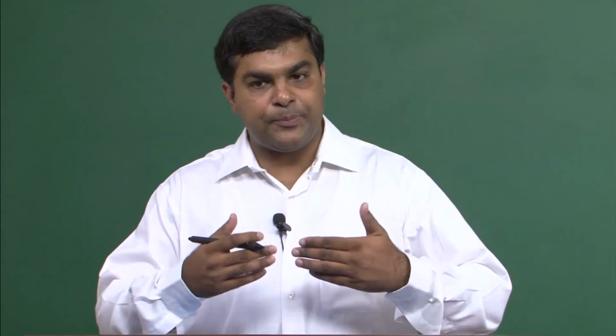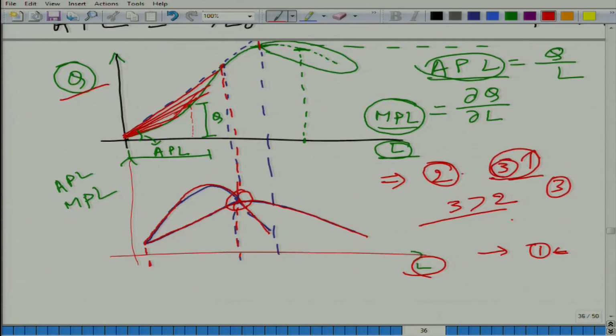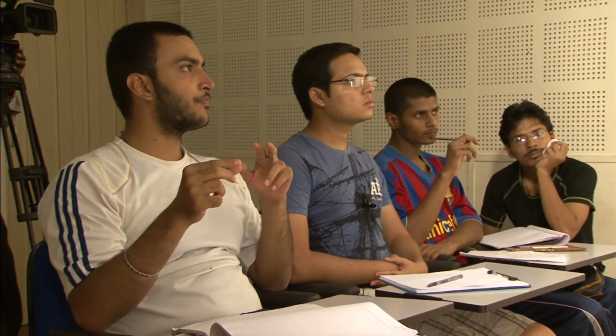So, the average per person would go up. This 3 minus 2, that is 1, will be distributed over all the labor, so the average contribution would go up from 2 to 2 plus 1 by L. So, we can also say that when the average is at its maximum, it means we are adding something to it which makes it maximum, and after that it will decrease.